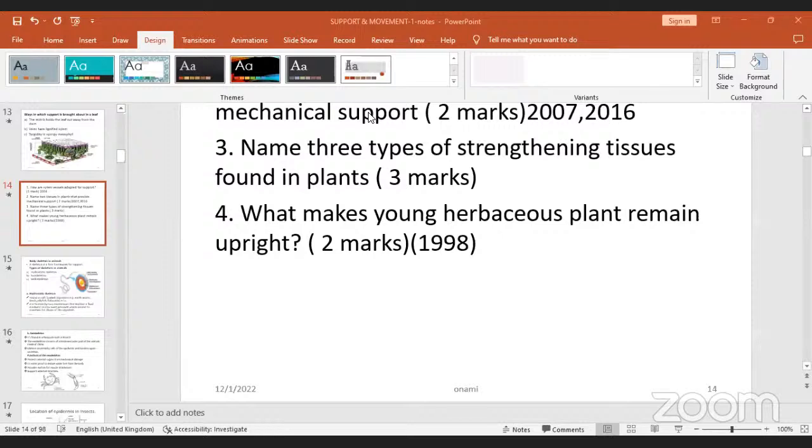I'm not getting you clearly, Griffin. I said that the skeleton is firm. It's like a framework. That's why it's able to give the animal its body shape and provide support.